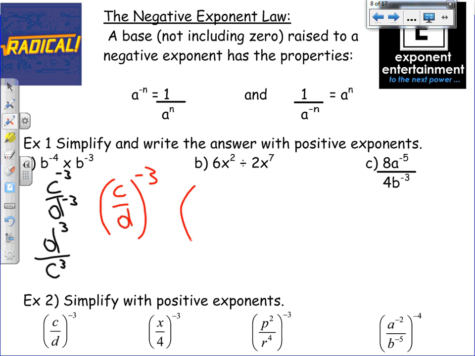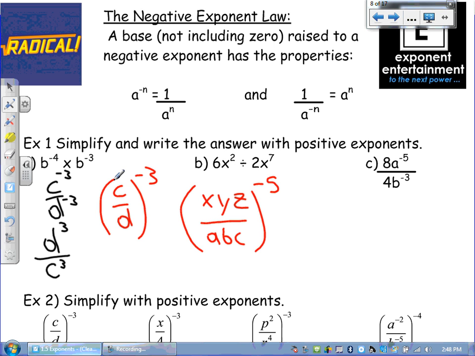Anytime you have a bunch of stuff divided by a bunch of stuff to the power of a negative, you can get rid of the negative exponent by just flipping everything in the brackets. So you're applying the flip before you're applying the exponent in, before you're actually dealing with any of your problems. So you can get rid of that and it becomes c over d.